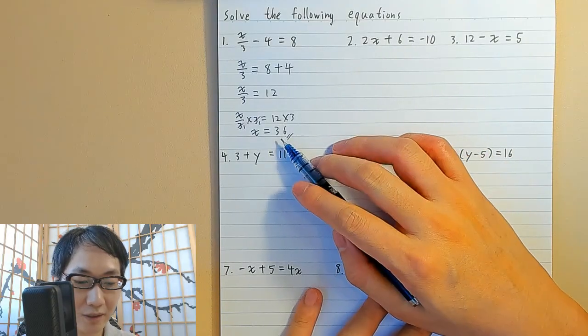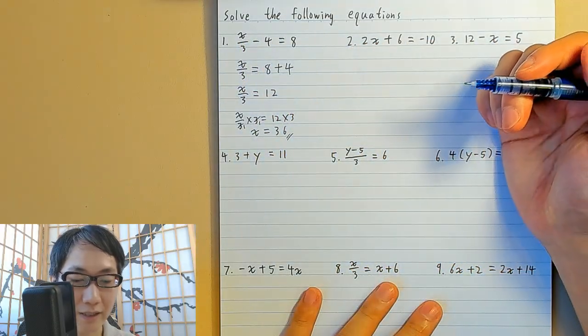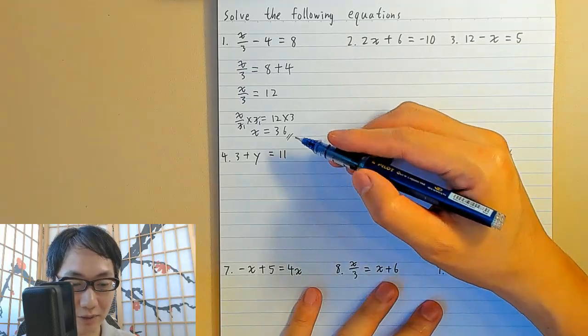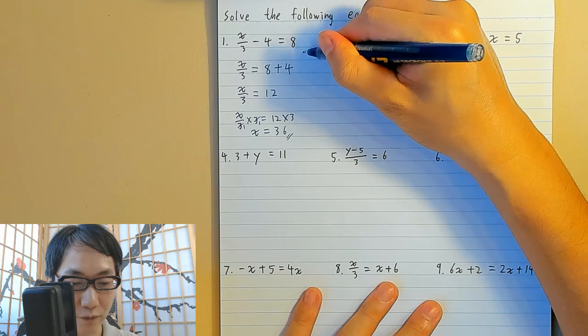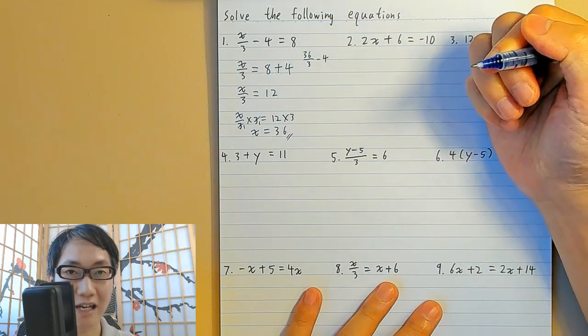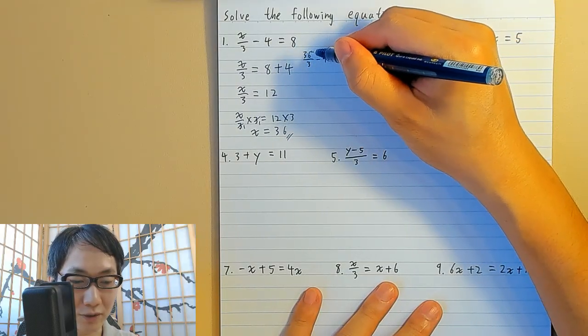So we put this x equal 36 back in here and check if our answer is correct or not. So we substitute 36 into this x. So we have 36 divided by 3 minus 4 on the left hand side. Then we do division first.